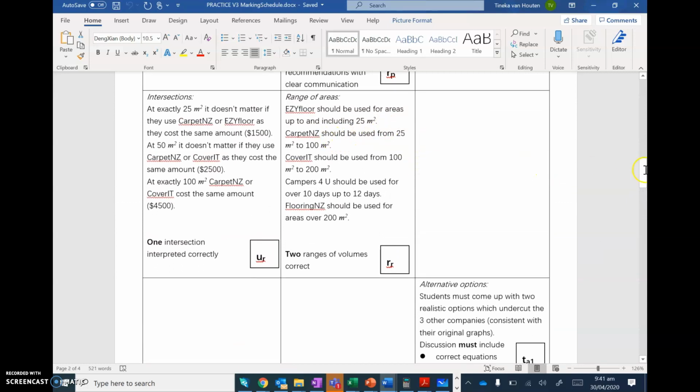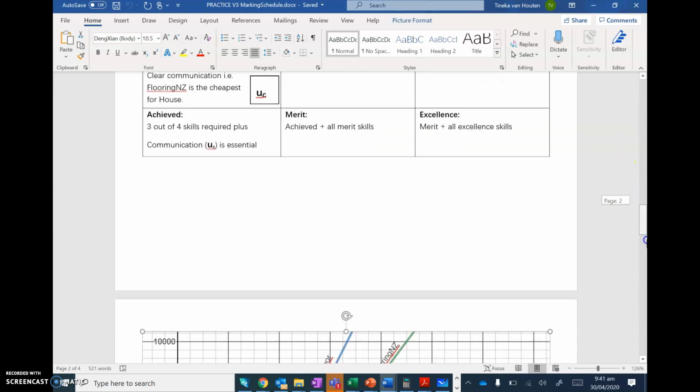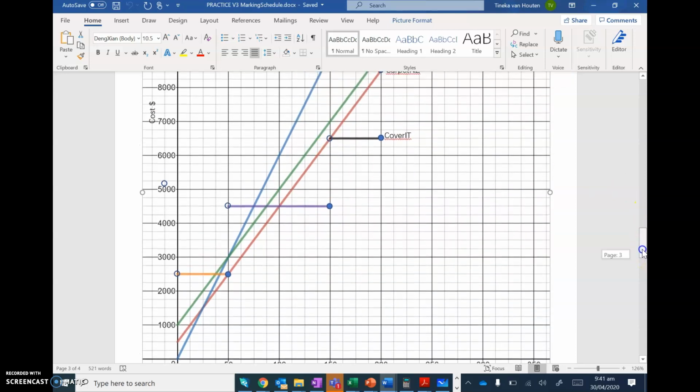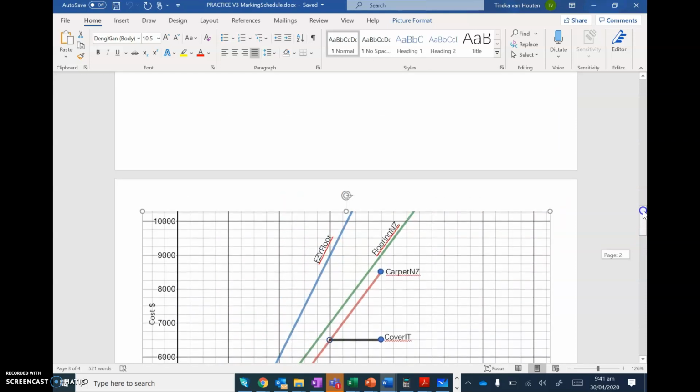Then if we go down, Cover It is then the cheapest from here to here, and also from here to here. So Cover It is the cheapest from 100 to 200.